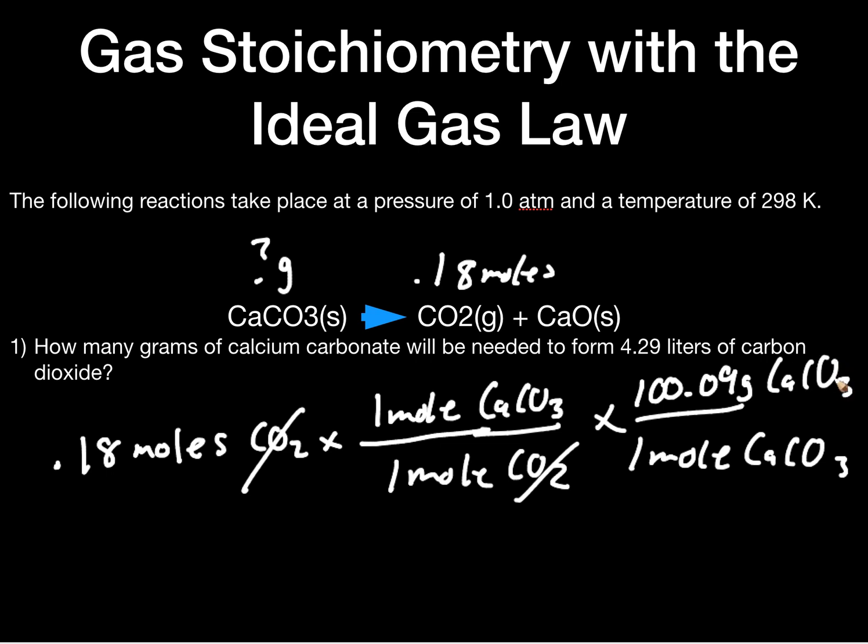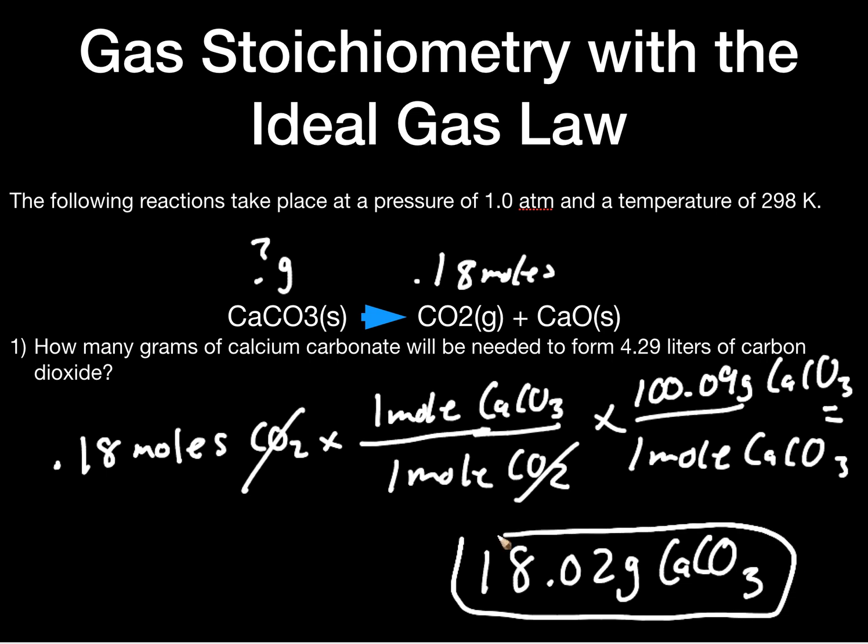So now, last part, 0.18 times 100.09, and we get 18.02 grams of CaCO3. And this concludes our video on applications of the ideal gas law.